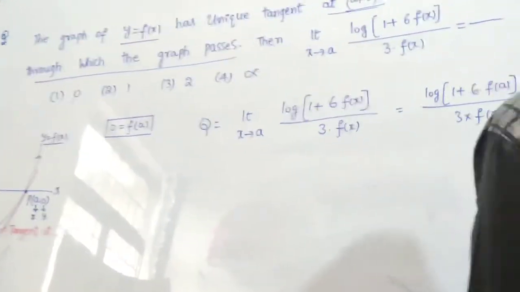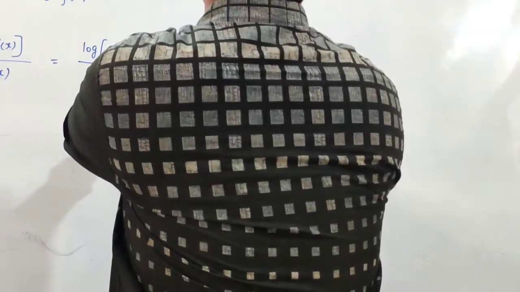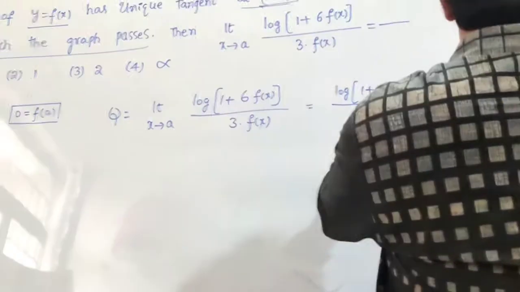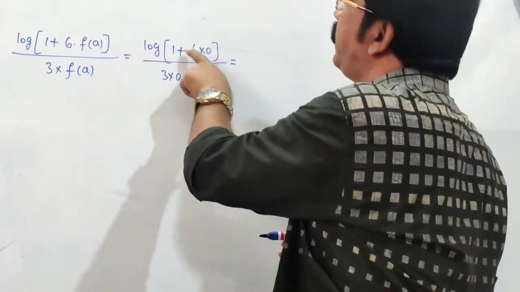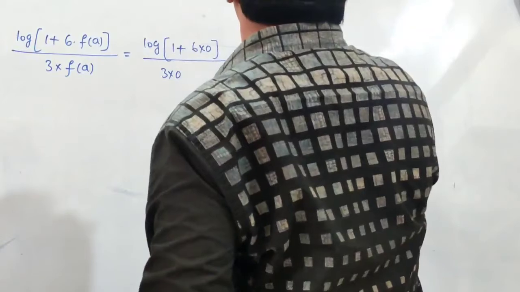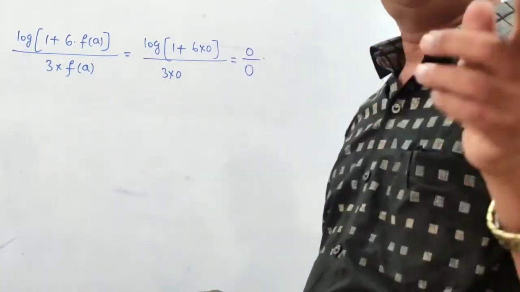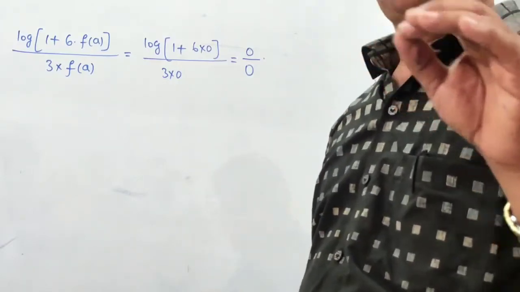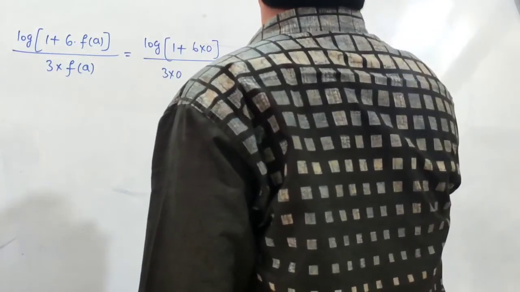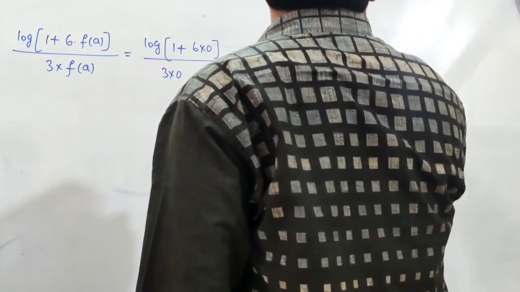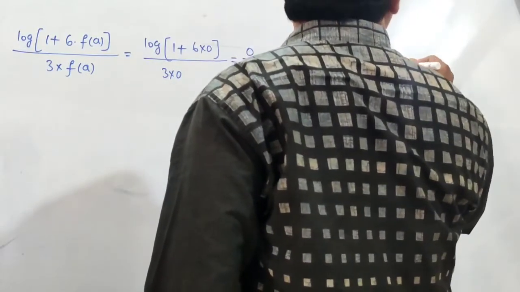Understand? So 6 into 0, divided by 3 into 0. That is 6 into 0, 0, plus 1, log 1 value is 0, divided by 0. It is an indeterminate form. Therefore, we are permitted to use L'Hospital rule. So therefore, apply L'Hospital rule.